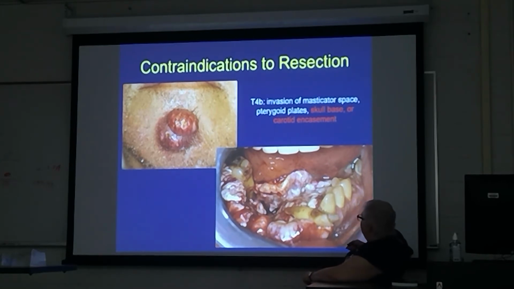So this is probably the same patient, but I don't really know. But it looks as if it might be, because you see, all of this is tumor. And this is a tooth that's fallen out.